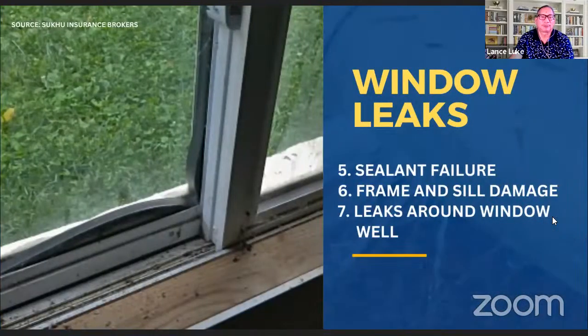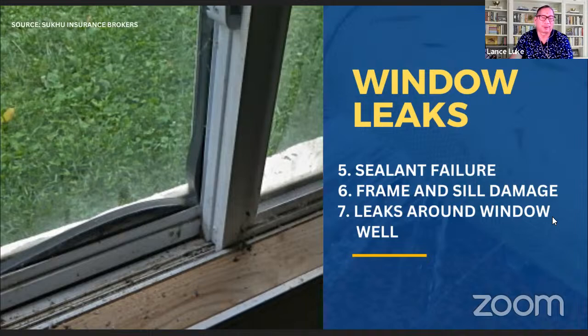Some more window leaks: sealant failure. You have this rubber gasket that goes around the window, right? It's located between the glass and the window frame. If that material gets warped or so old that it shrinks, then it doesn't serve its purpose. So that's also a situation where water can get in.